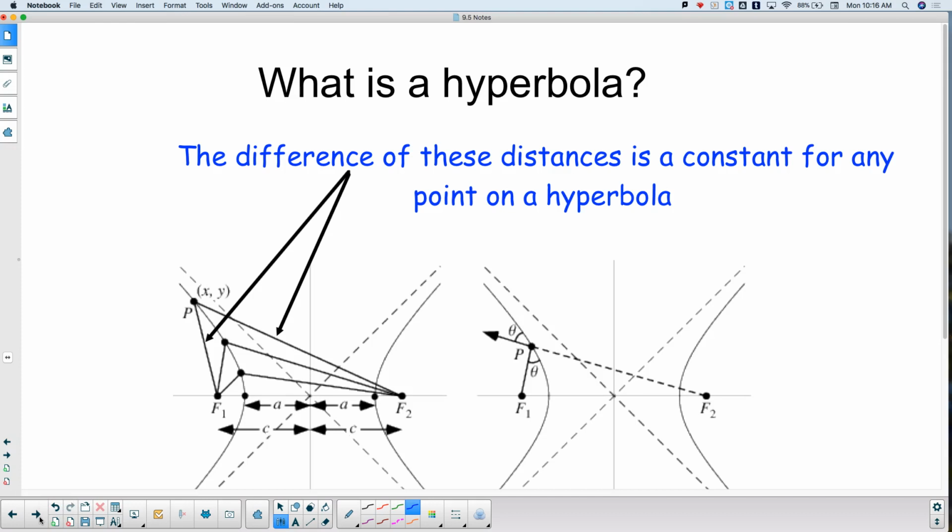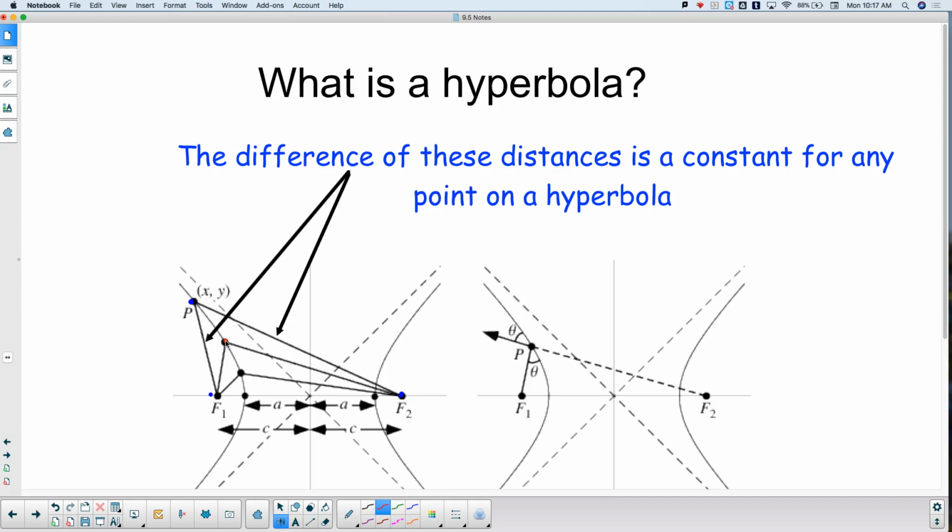So the difference of the distance from a point that is on the hyperbola to the two foci, you subtract those distances, and that is the constant number. Okay? And that would work for any point on the hyperbola.